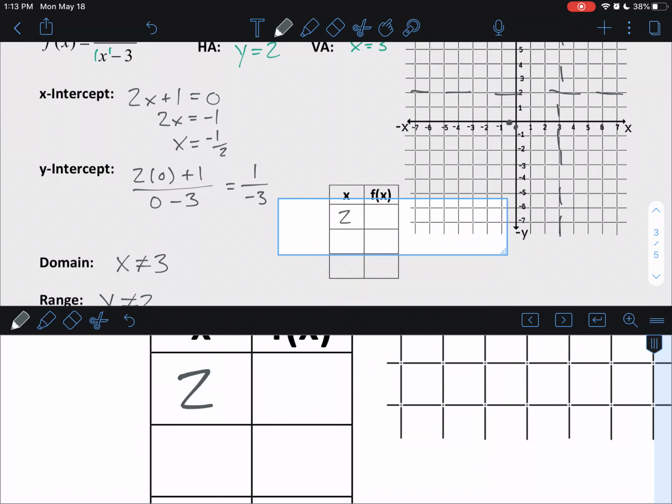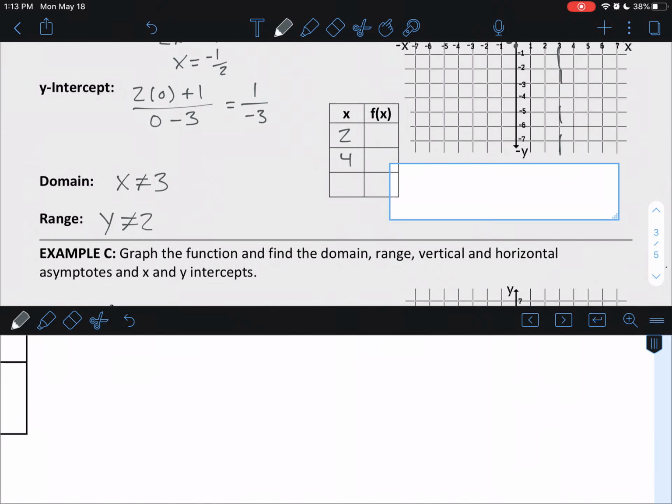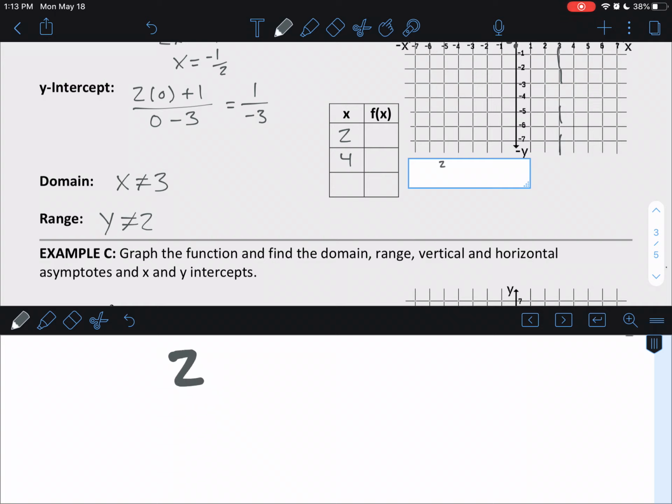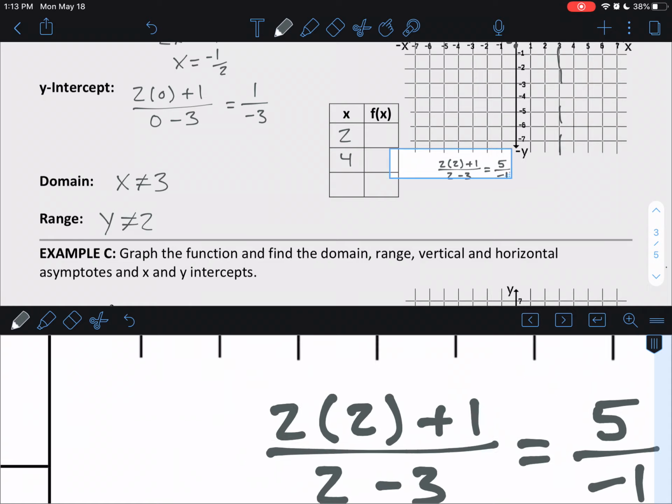So I have a 2 and I have a 4. And if I plug 2 into my equation, I'm just going to do it down here, kind of small. So 2 times 2 plus 1 over 2 minus 3. 2 times 2 is 4, plus 1 is 5, and 2 minus 3 is negative 1. 5 over negative 1 is negative 5.